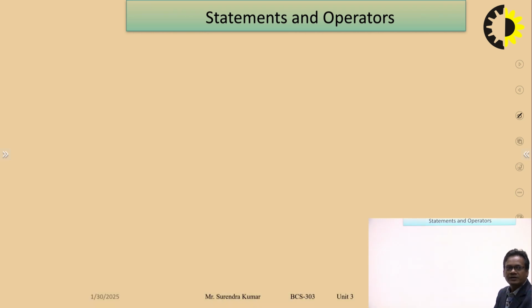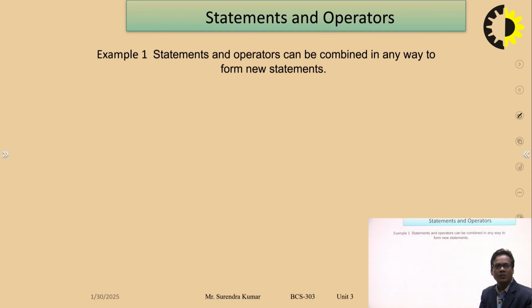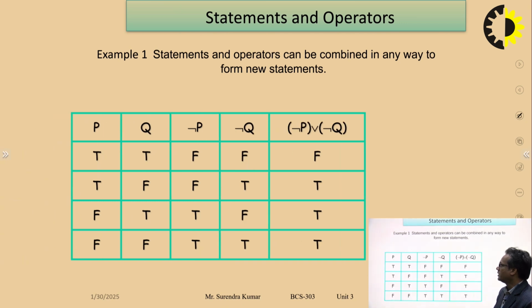Statements and operators can be combined in any way to form a new statement. So negation P is again a new statement, and negation Q is again a new statement. If you have two statements P and Q, you can combine them with different connectives, like negation P or negation Q, and generate a truth table as per the rule.